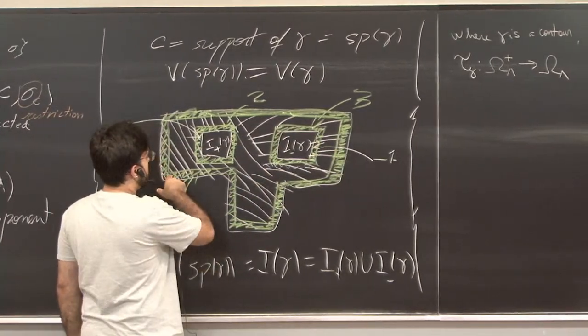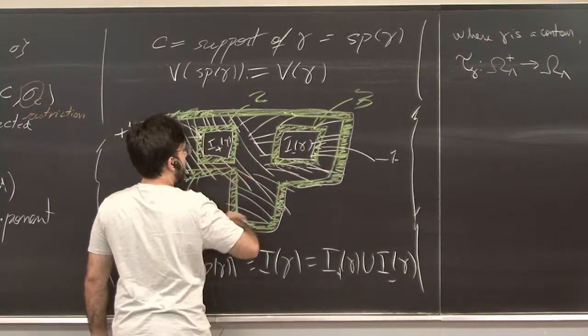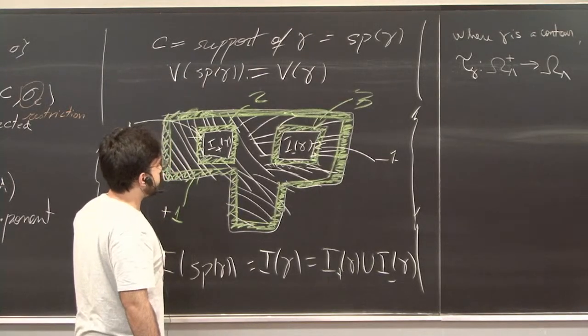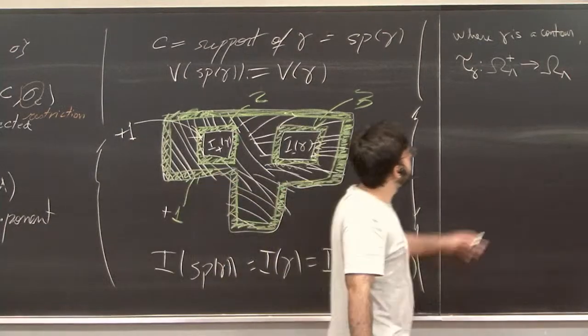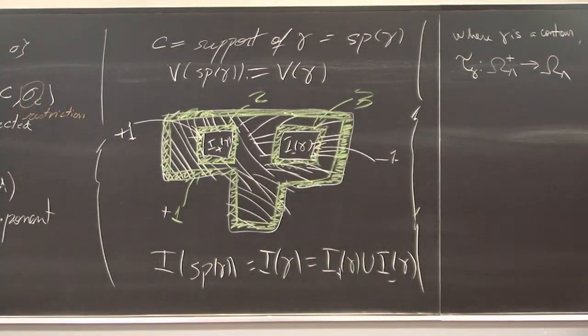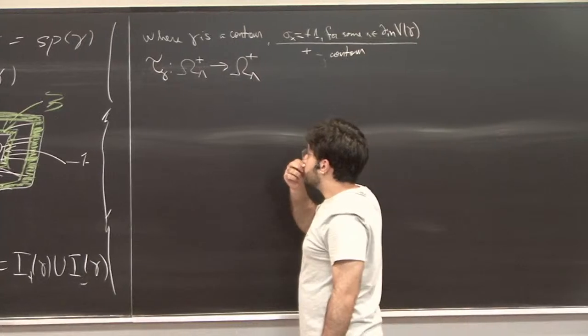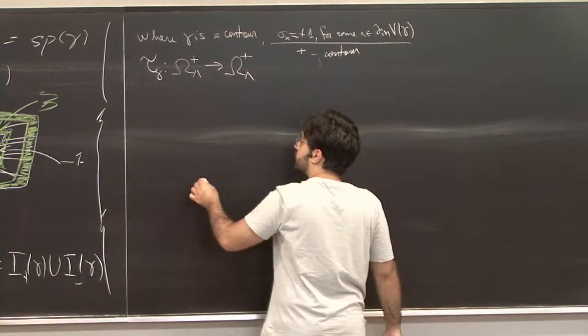So then the inner boundary is only the T-shaped green region. So in the case that this has a sign +1, then this will be called a plus contour. And this map that I will define works by erasing a plus contour, and it does the following.